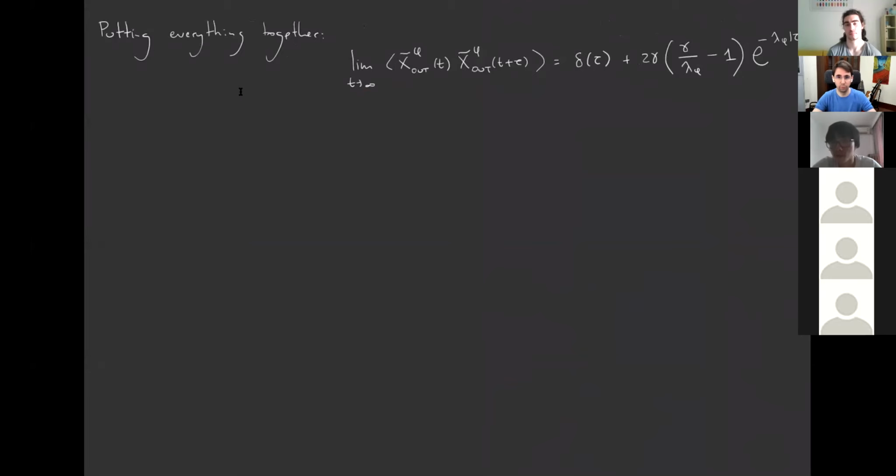Then you can do the Fourier transform of this expression. And the Fourier transform of this expression is what we define as the quadrature noise spectrum. So let me just remind you quickly that it's this expression here.